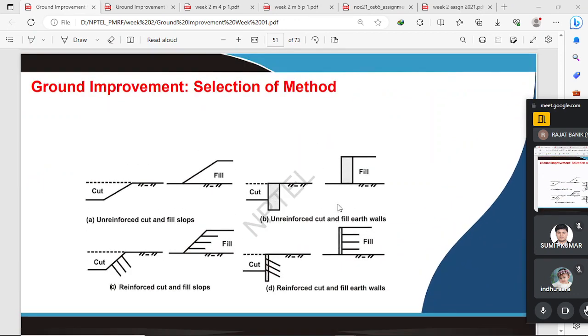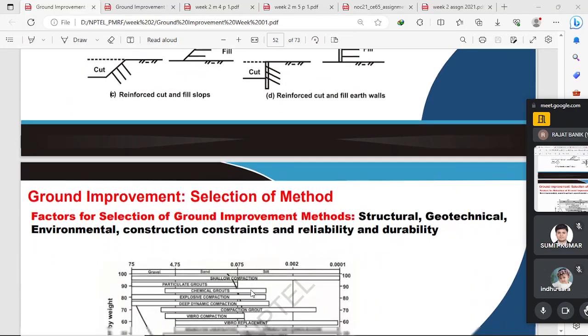Here we can also see how the fill or cut slope can be reduced by different types of ground improvement techniques, like reinforced earth cut and fill earth walls, or by reinforced cut and fill slope.